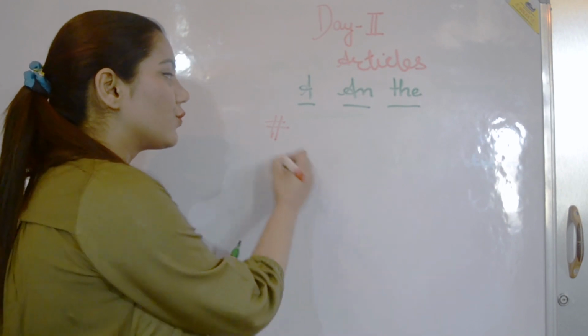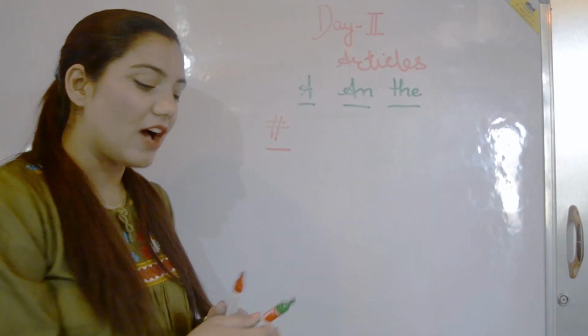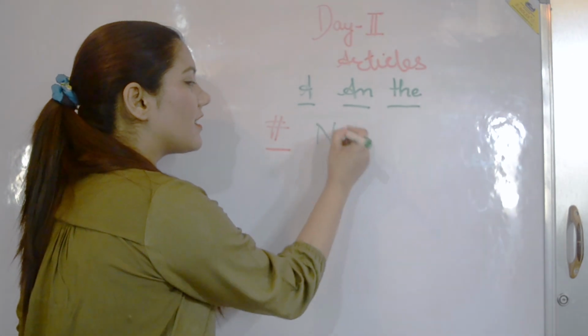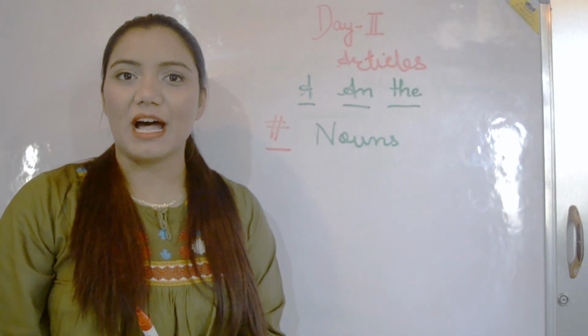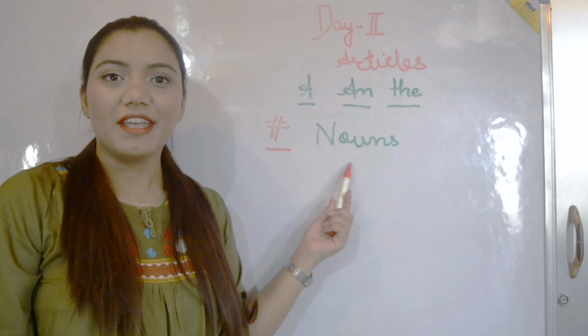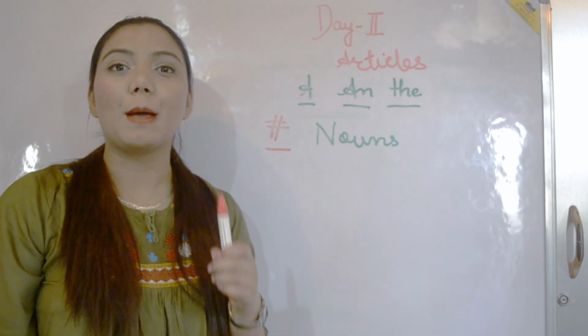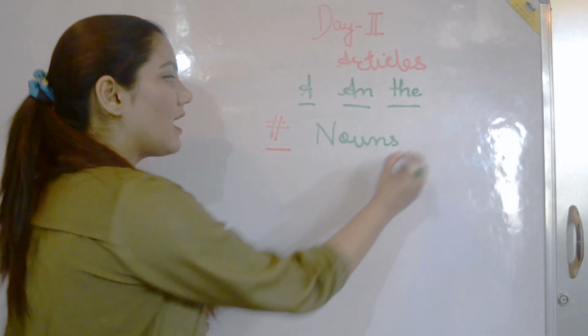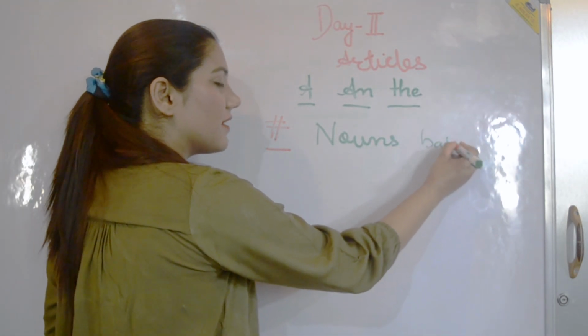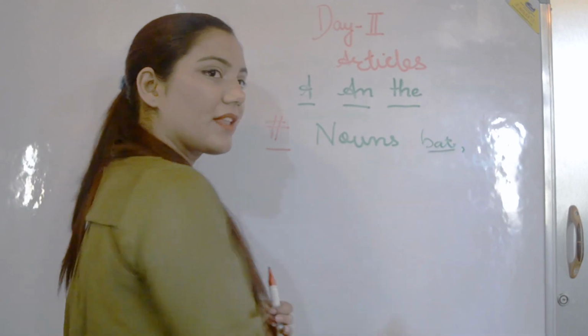Articles are used in front of nouns. Do you know what nouns are? A noun is the name of a person, place, animal or thing. For example, bat is a thing.